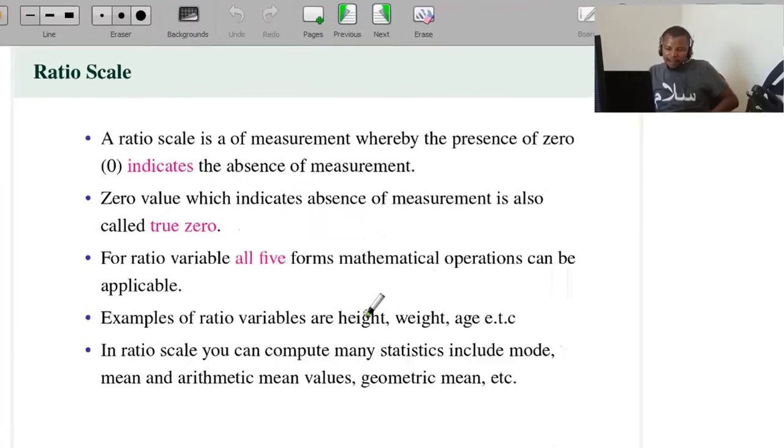So here, since there is a true 0, you can say 20 centimeters is twice as much as 10 centimeters, because there is no value beyond 0. You can multiply, add, subtract, and tell the inequality, 20 is greater than 10, and so on and so forth.